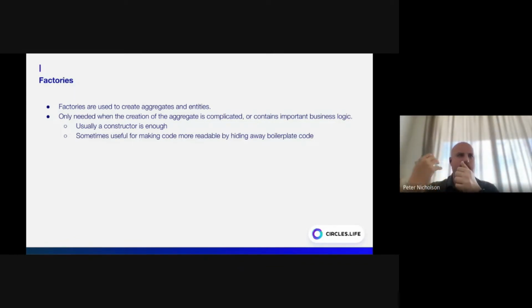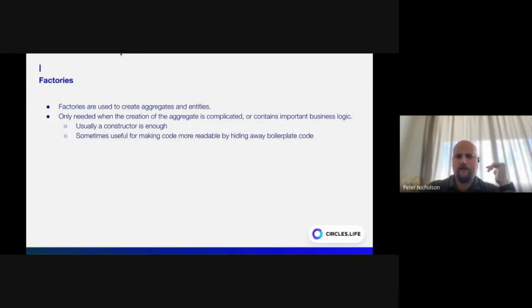If you're using a language that has a constructor feature, you don't need to create a factory for your simple entities. Though sometimes, if your entities are very big and bulky, it can be useful to create a factory to take that block of logic and put it in an explicit place, which makes your code cleaner, more readable and more expressive.